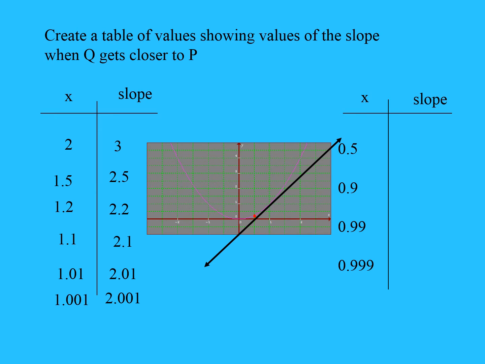If I drew the secant line now, I'd be going through 0.5 and 1. So I would have this line here. Okay? Now, notice when I chose the values approaching 1 from the right side of 1, let me just draw in that line. Between (1, 1) and (2, 4) here, we had this line.